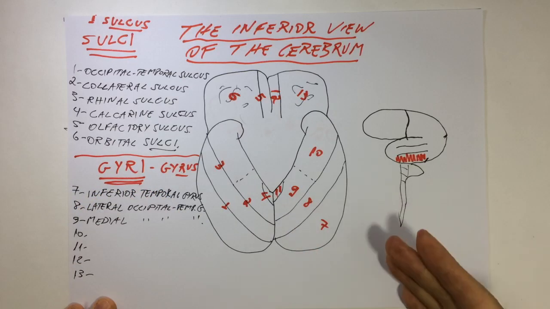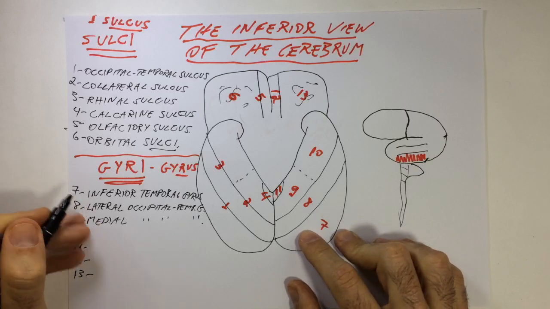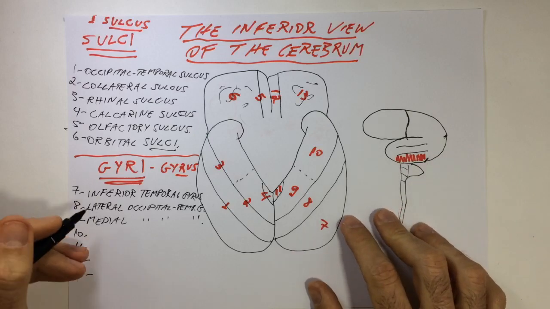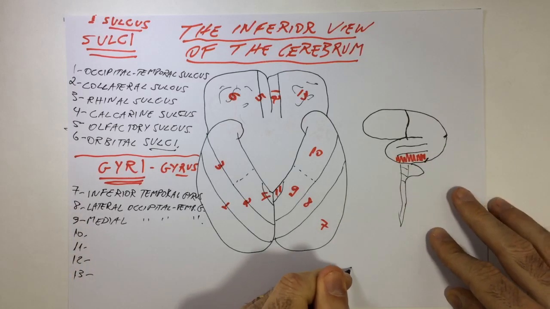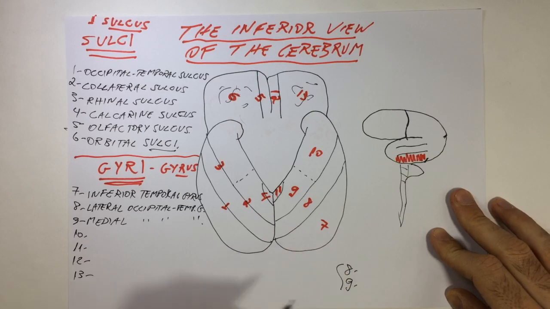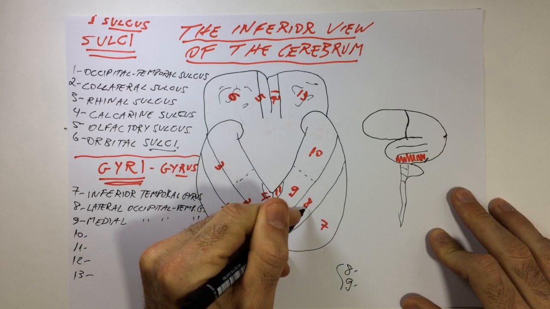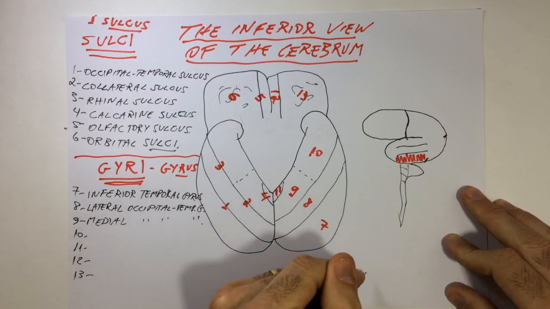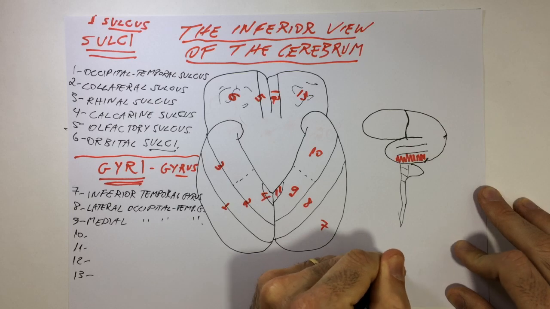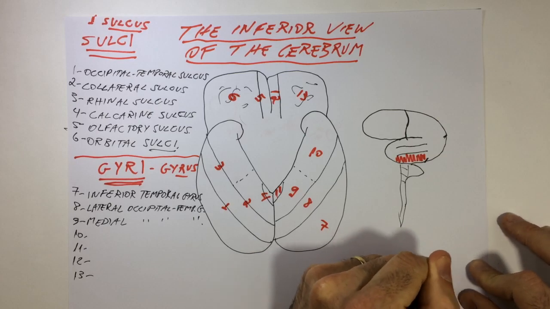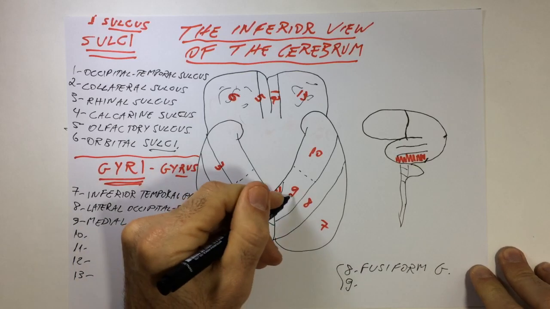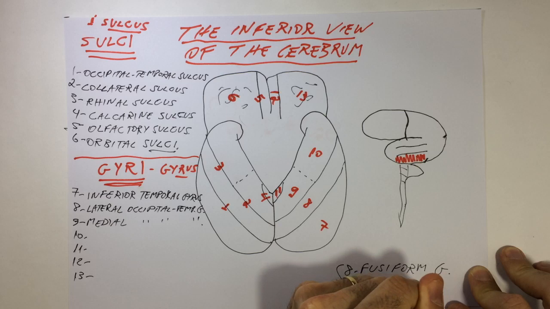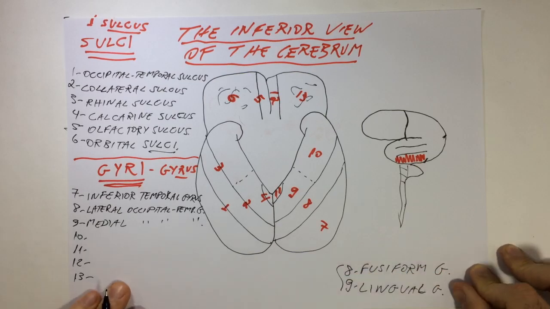Another name that is very common in English is calling these two gyri by two other names. So I'm going to just repeat here, 8 and 9, these two here. 8 would be the fusiform gyrus, and 9 would be the lingual gyrus.